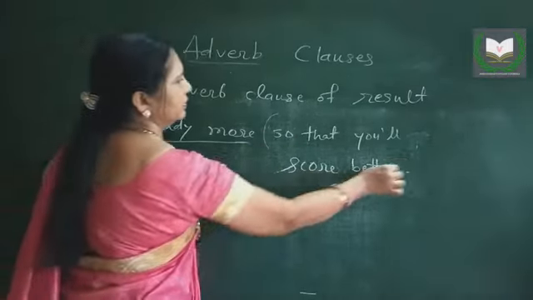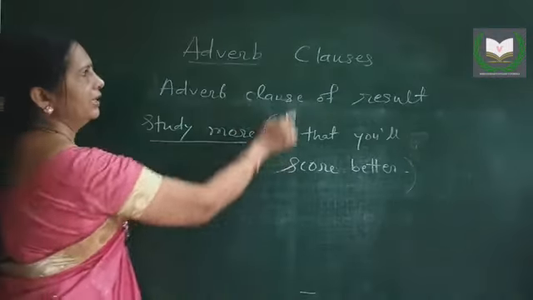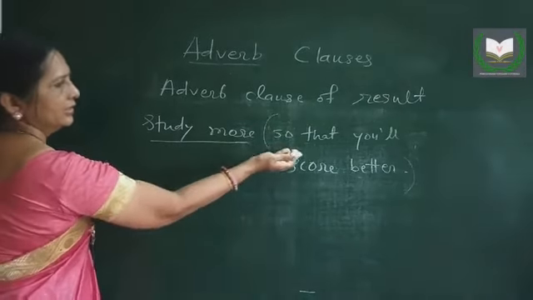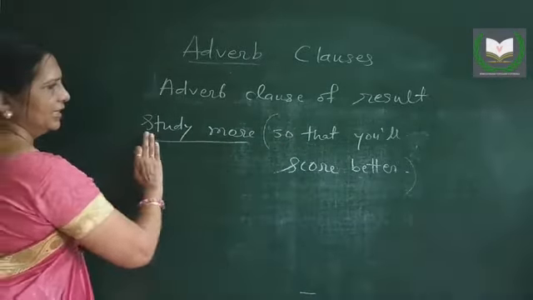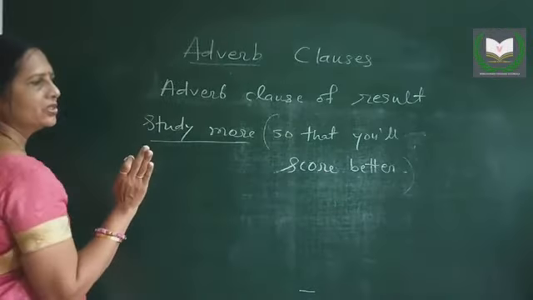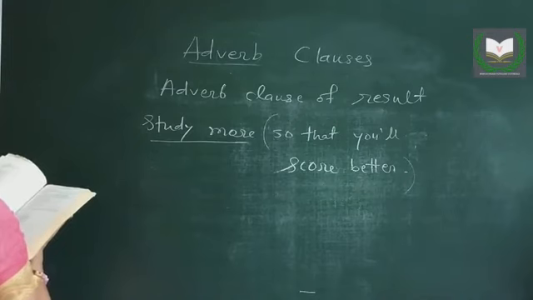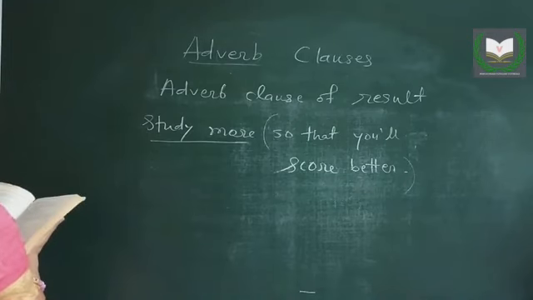So that you will score better, this is the adverb clause of result. This is the result of this. याचा हा result आहे. So it is called adverb clause of result. Here we can use only that also.